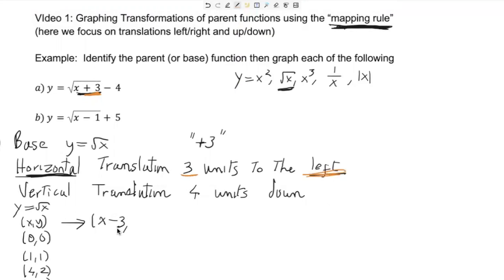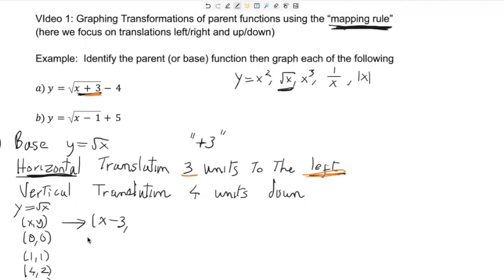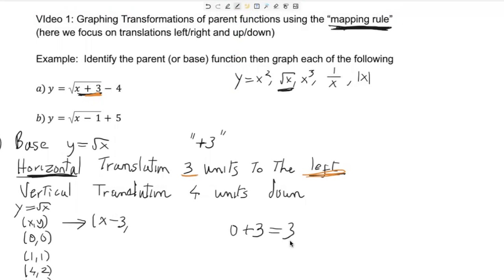But when you do the mapping rule, you have to actually move the numbers 3 units to the left. So if I'm looking at 0, I want to move 0 3 units to the left. I don't want to do 0 plus 3. That's going to move it to +3, which means 3 units to the right. So let's not do that.